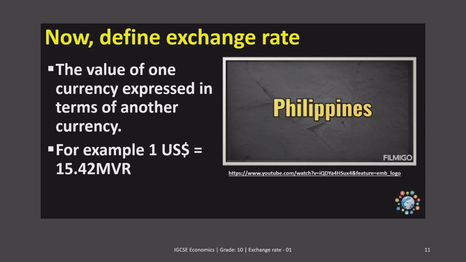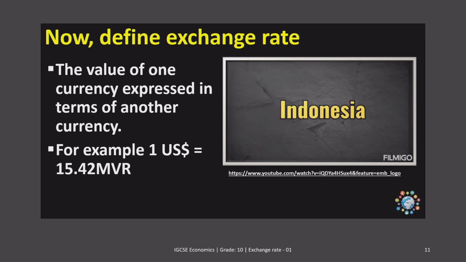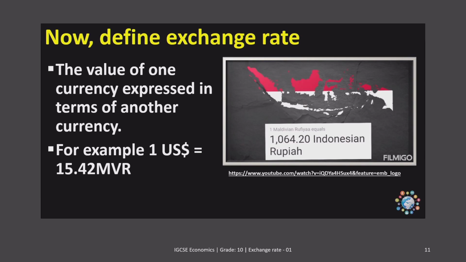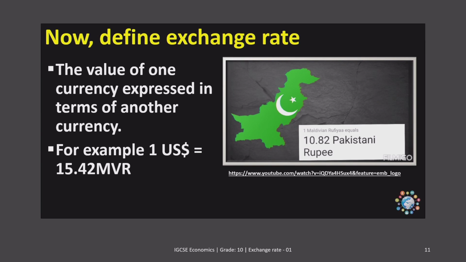Philippines, 1 Maldivian rupiah is equal to 3.30 Philippine peso. In Indonesia, 1 Maldivian rupiah is very high, 1064.20 Indonesian rupiah. And in Pakistan, 1 Maldivian rupiah equals 10.82 Pakistani rupees.